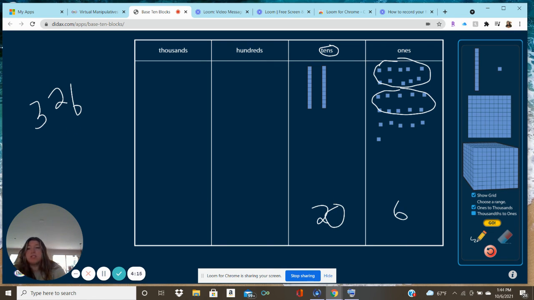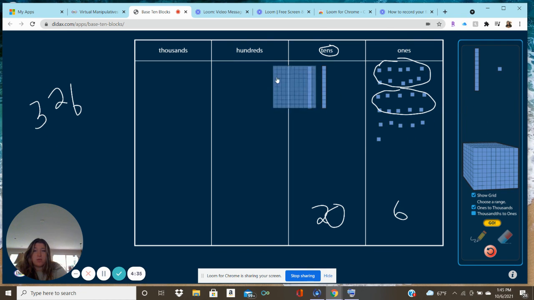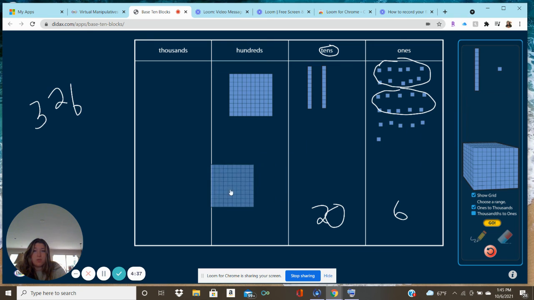Then, what's the biggest number? Okay, so we have the 2 tens, and now the last step is hundreds. Well, if we're looking at 326, there's 3 hundreds. So we could drag over 3 100 blocks.